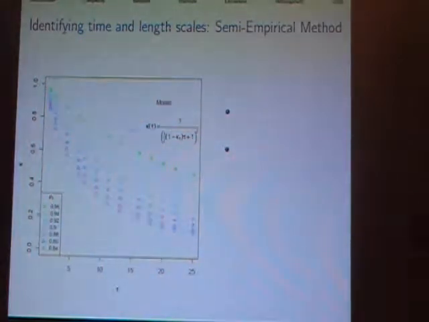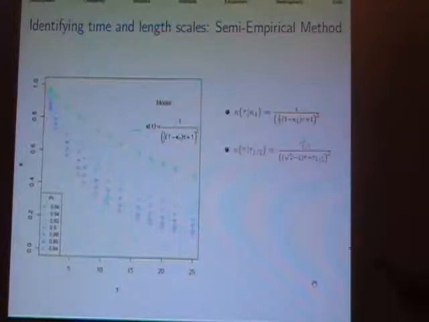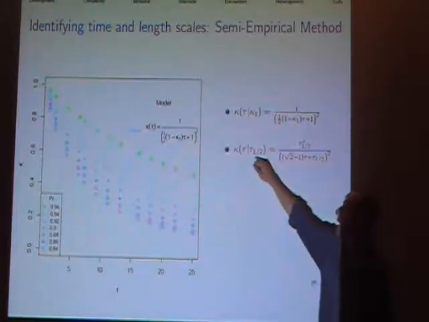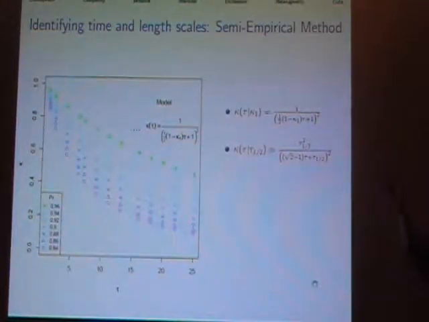We can fit a curve very well to that drop-off, and basically redefine clustering in terms of a half-time, the time it takes for that clustering to drop to 0.5. That's an intrinsic time scale of randomness.